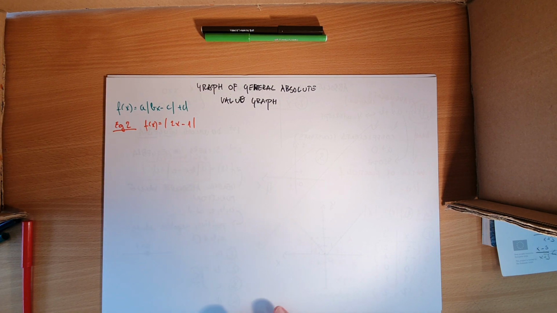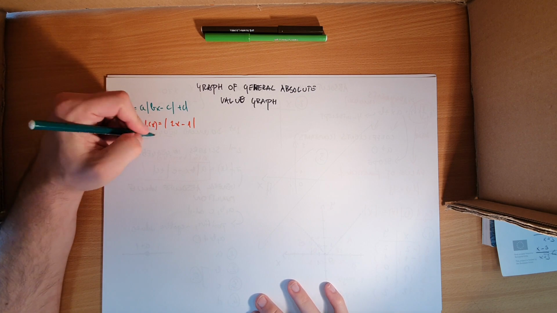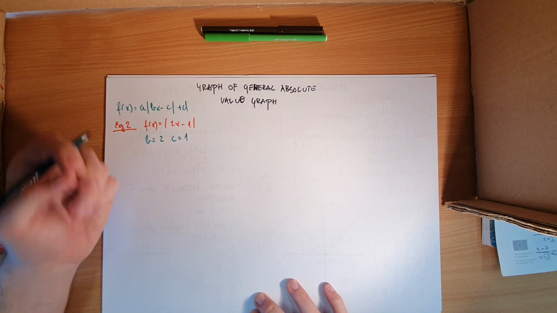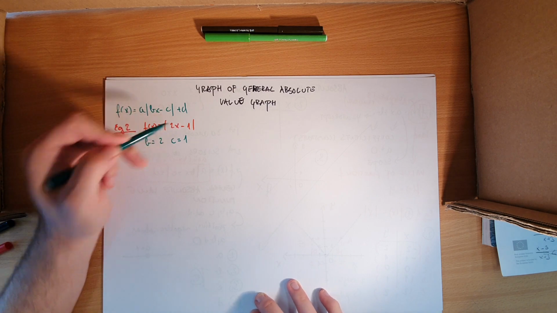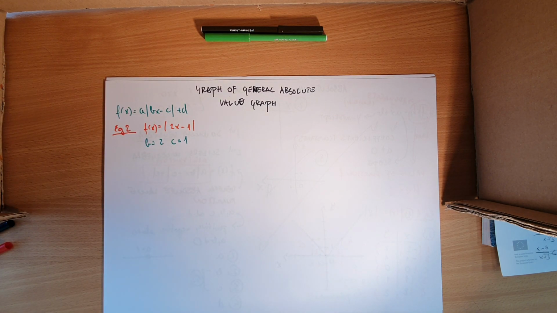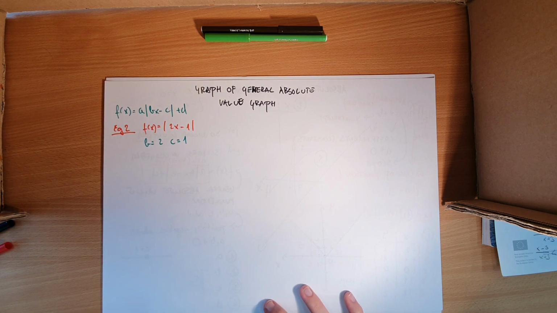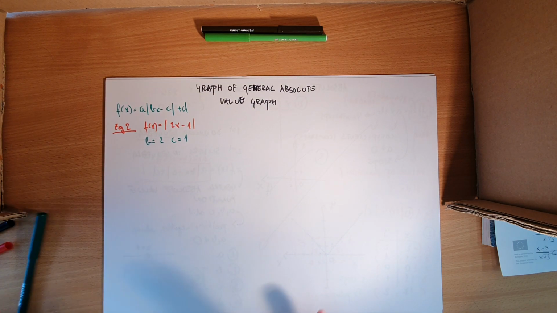So let's just, for the exercise, write down coefficients. So b is 2 and c is 1. Minus, so c is positive. This is the idea, because each time we are subtracting c. Okay, so how are we going to draw it?